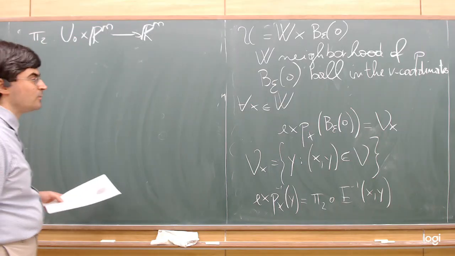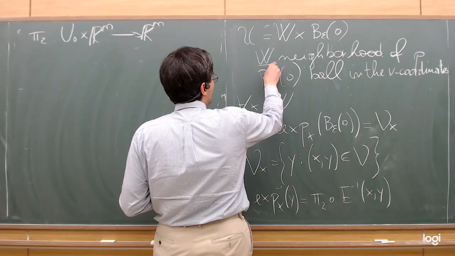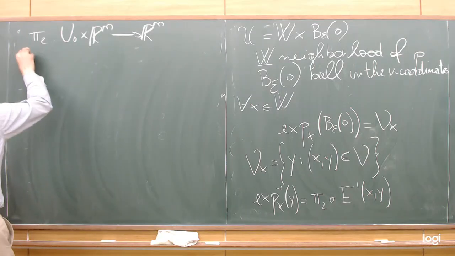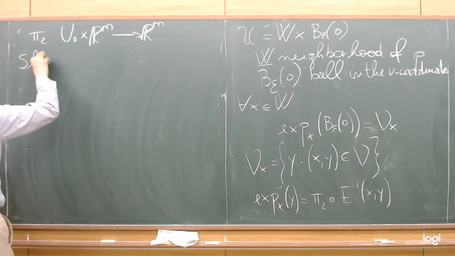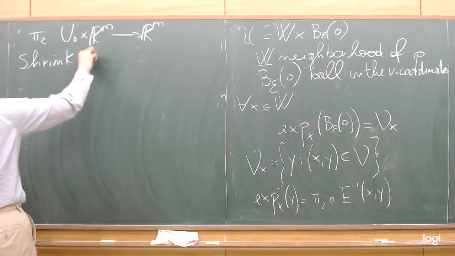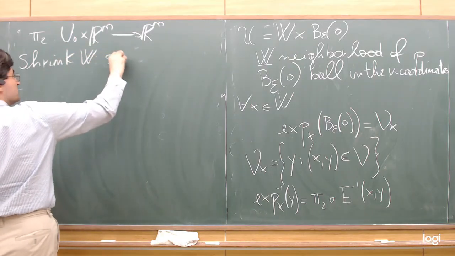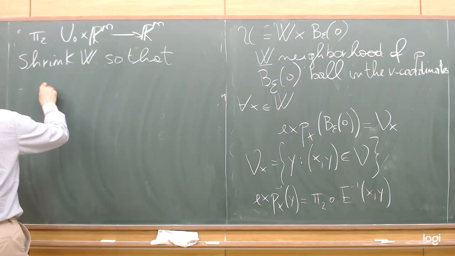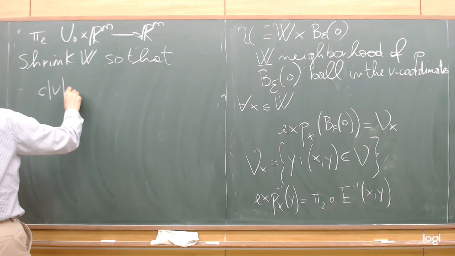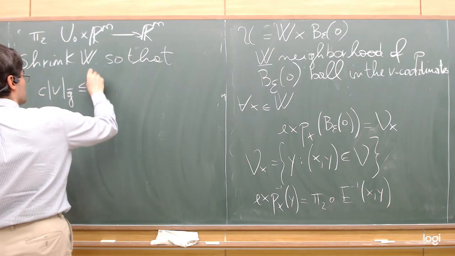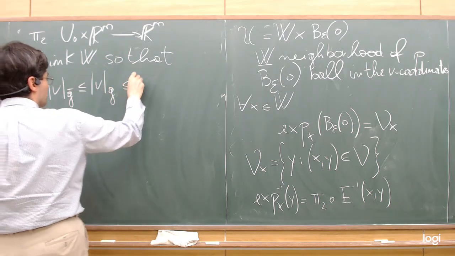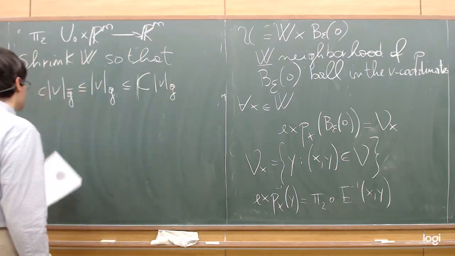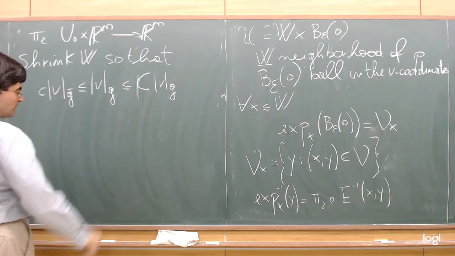Now, if necessary, we can make W even smaller, so shrink W so that this inequality is true, where c and capital C are positive constants.